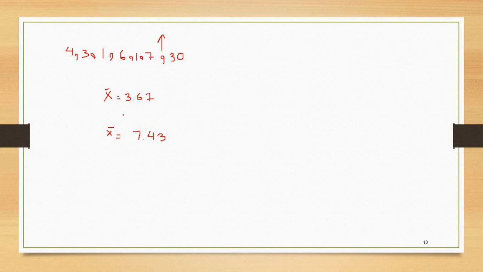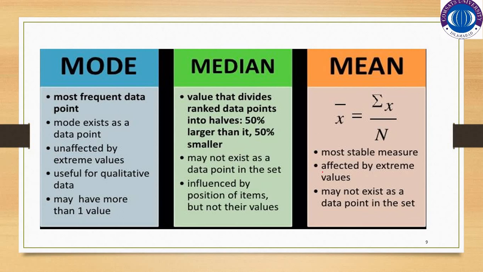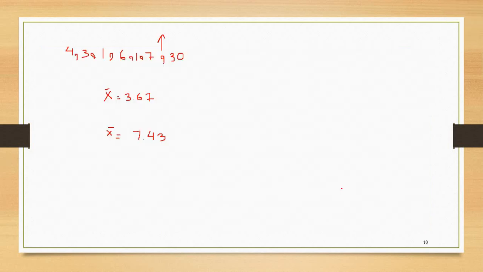If the extreme value added is extremely high or extremely low compared to the data points, in both cases the arithmetic mean will be affected. So as it is written here, affected by extreme values, the arithmetic mean could lead you to wrong results.